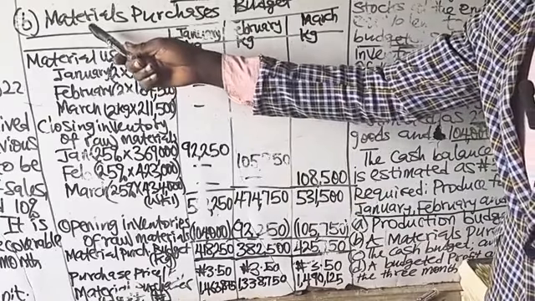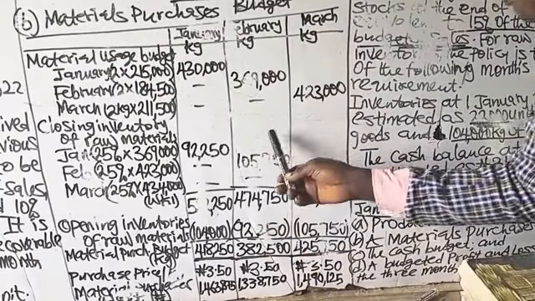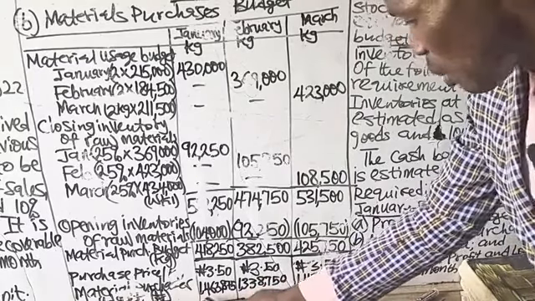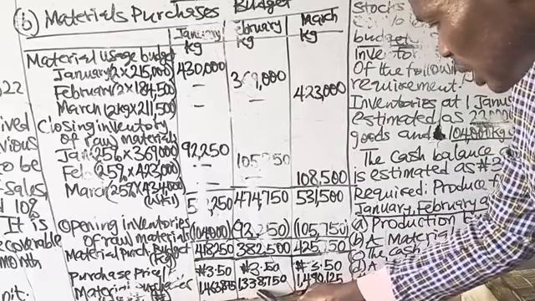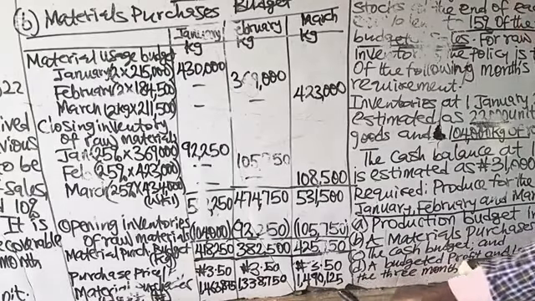Now, our payments include payment for material purchased. That is from our material purchase budget. In the month of January, we have 1,463,075. In February, we have 1,338,750. In March, we have 1,490,125.